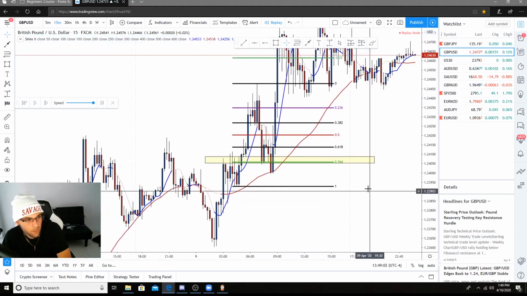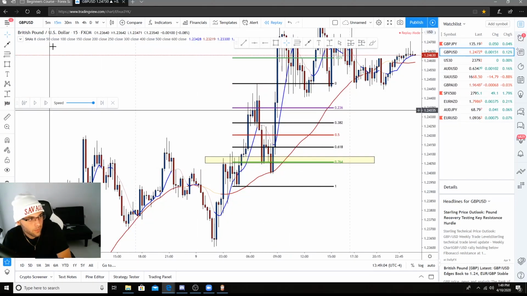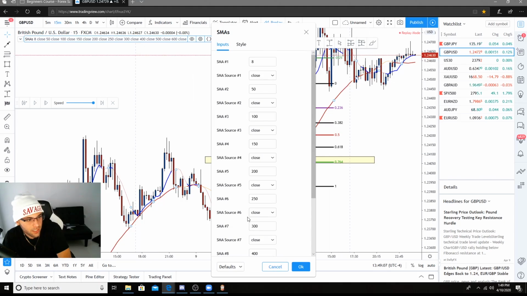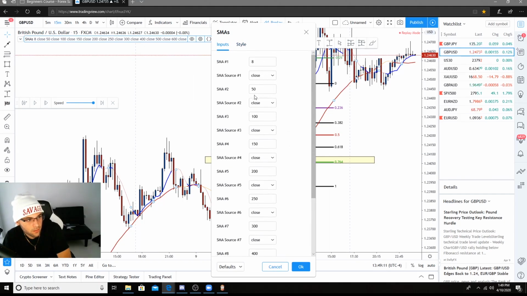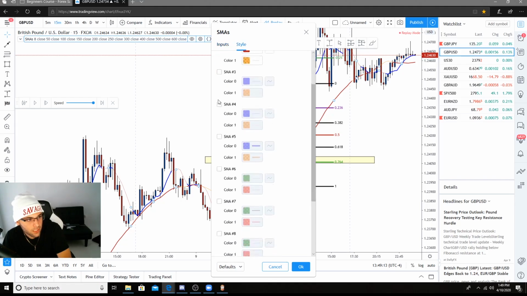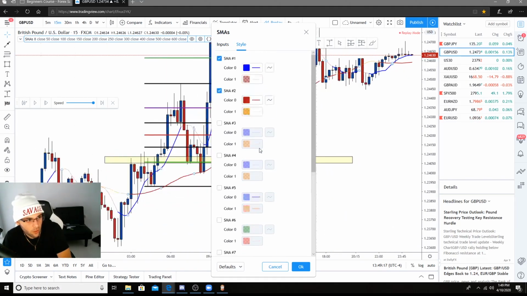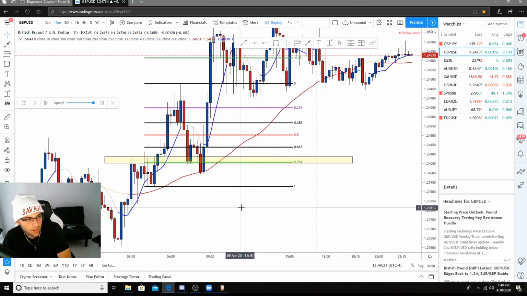And then you just edit them. Go to the styles, put the top one 8, the second one 50, and then clear out the others, exit them off, because it'll show you a whole bunch of them. So all you got to do is play with these colors. Make this one blue, make this one red. And boom, you're good to go.